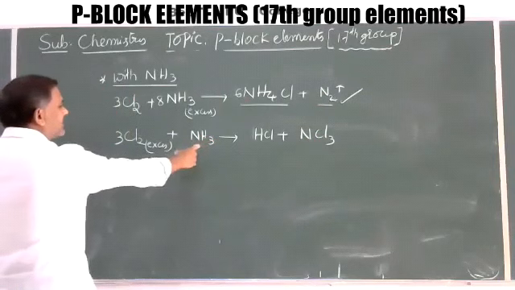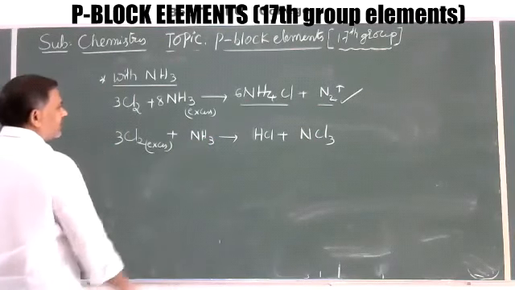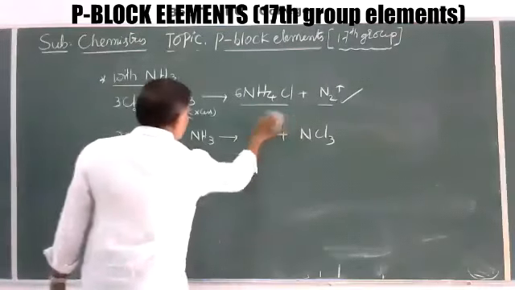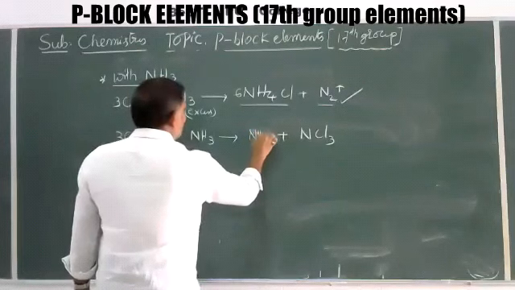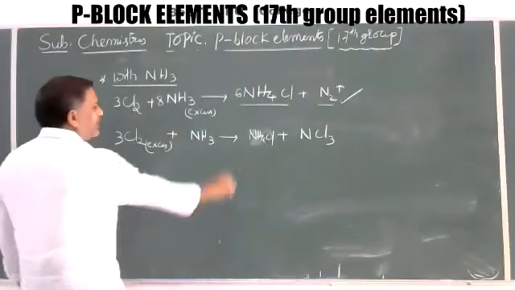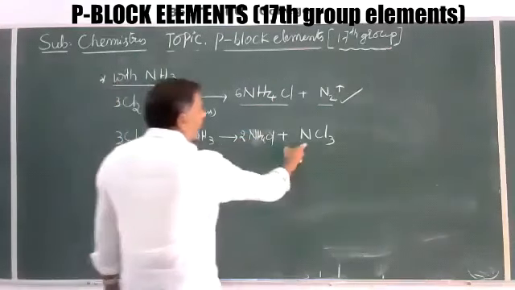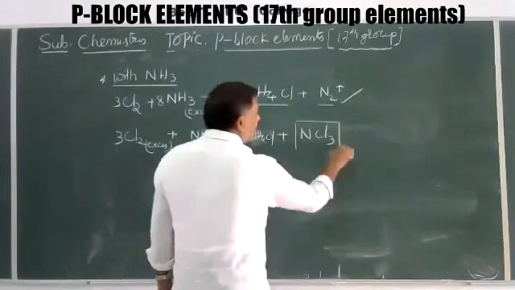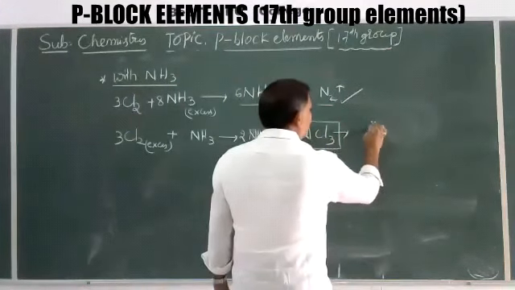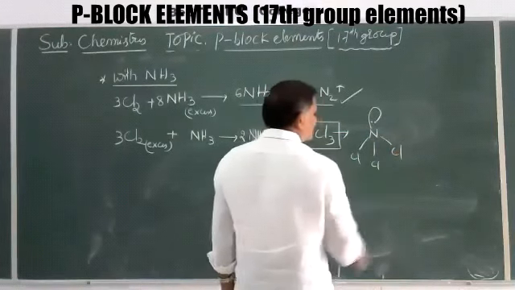Now NCl3 means around nitrogen, 3 chlorine atoms are there, this is Cl and Cl and Cl.